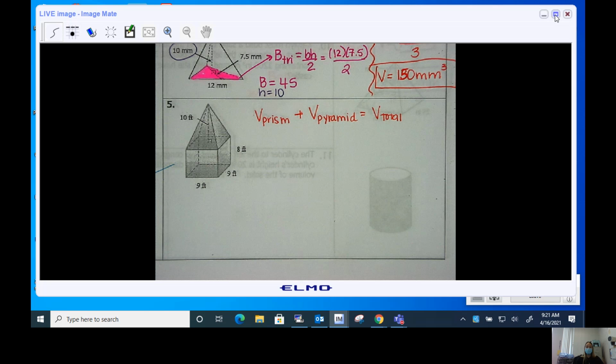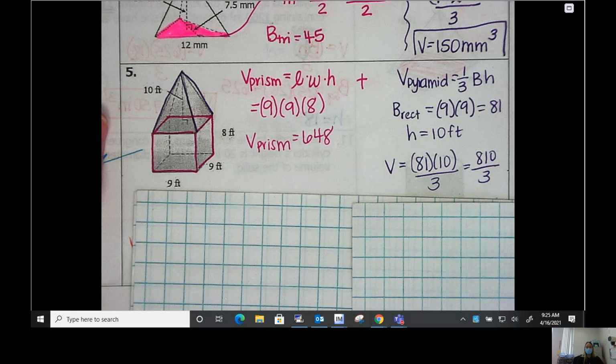So now I'm going to take the area of the base, my 81, times the height, which is 10, and then I'm going to divide it by 3.